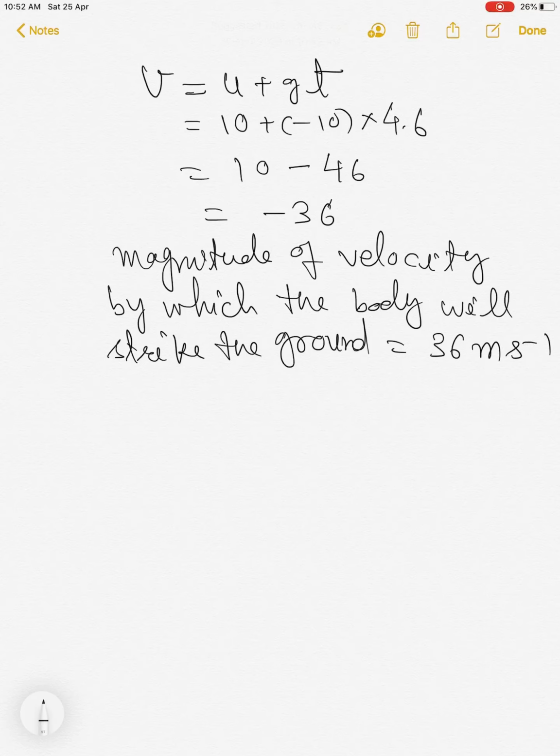Now we will take another topic, that is uniform circular motion.